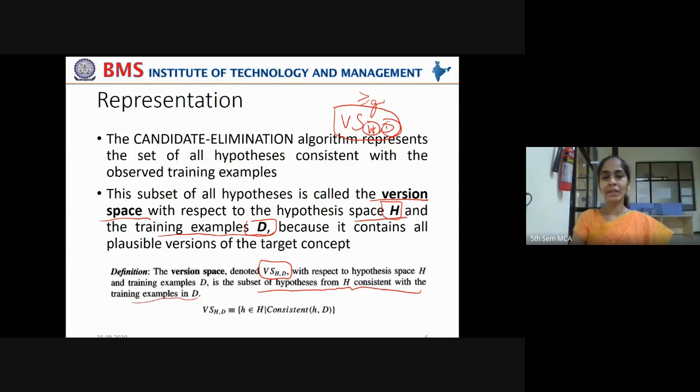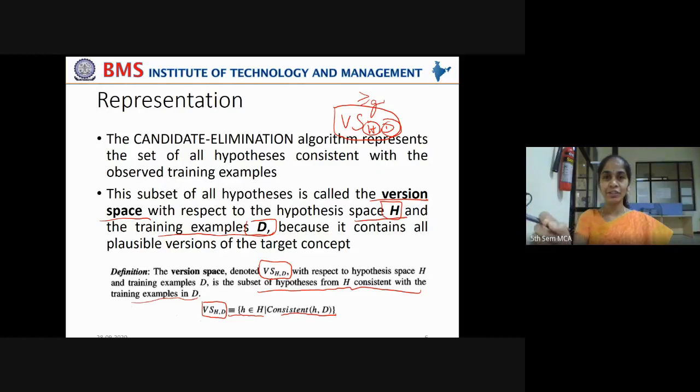Now, how can you mathematically represent this? Whenever you are reading it after the class, always read this without any laziness. Read it as: version space with respect to hypothesis space H and training examples D is defined as, or is equivalent to, any hypothesis belonging to the hypothesis space H such that H is consistent with D. How beautifully it is represented.